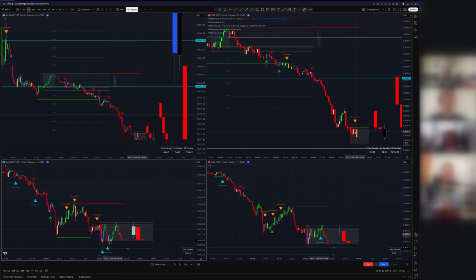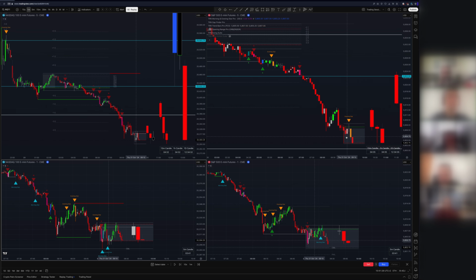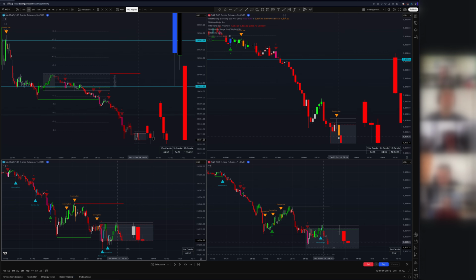The evening star in ES, which is ready, was a little bit fast in the replay.